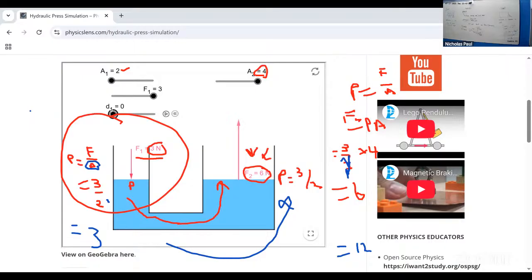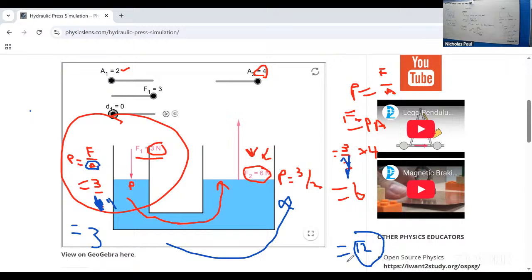No, all we did is we made the area smaller. So the area is not 2 anymore. We made the area 1. That's all we did. 3 over 1 is 3. That pressure will come here, and the area here was 4. Pressure 3 by 4 is 12. So now the force that we get there is 12. Twice as big, by making the area small.